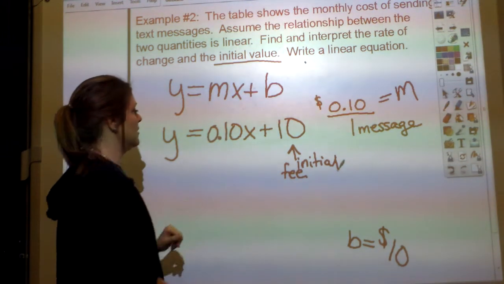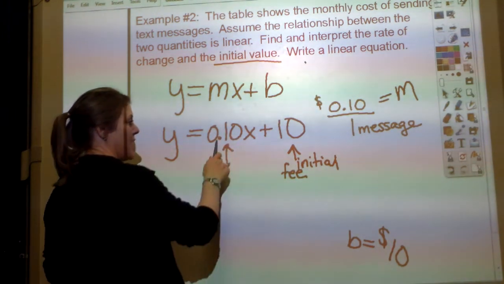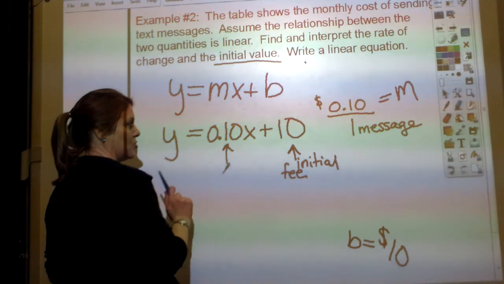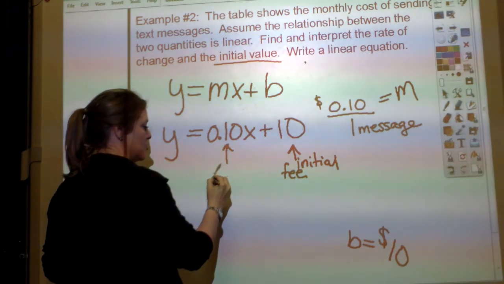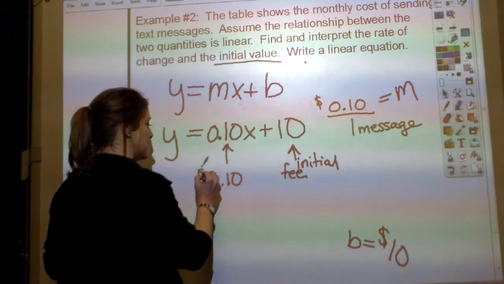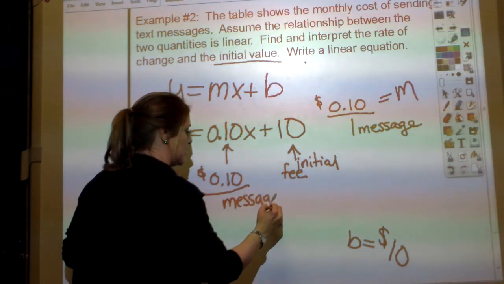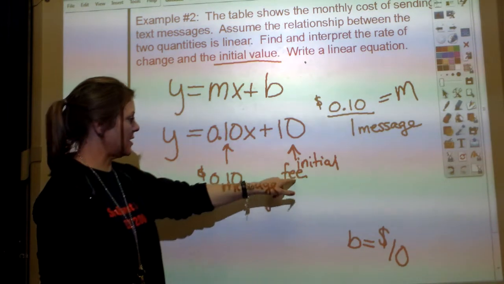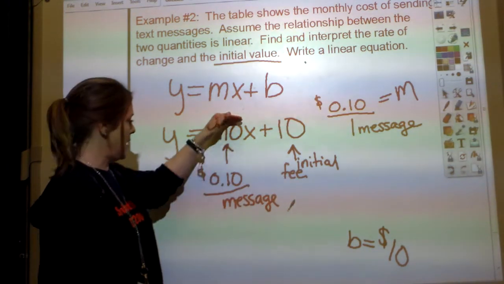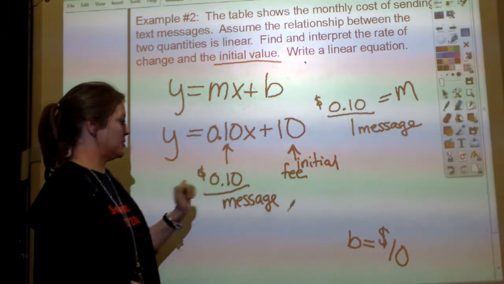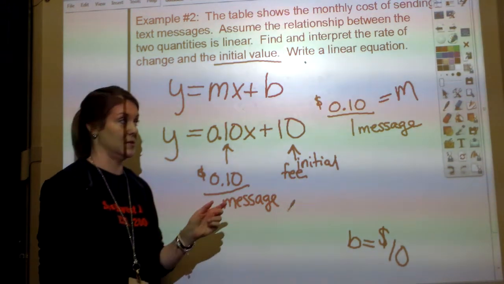Now this is the one that can go up and down. That's your rate of change or your slope. This is your 10 cents per message. That is that rate of change. So you're going to start at $10 on your bill, and then your bill will go up 10 cents for every message that you send.